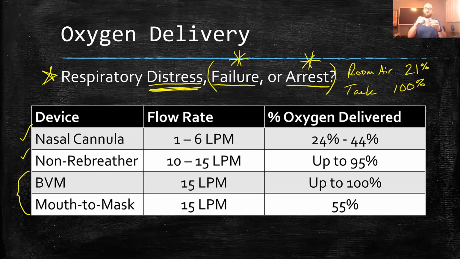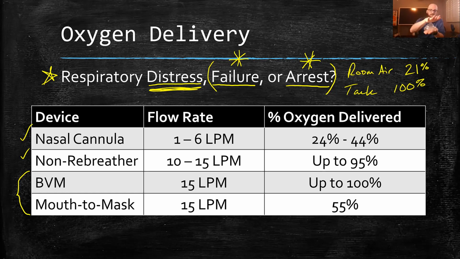So if it has that port for the oxygen, then we're going to hook it up, 15 liters per minute oxygen. And it says we'll get 55% roughly is what they'll get. Well, let's think about that. If we have a good face to mask seal and we're getting 100% oxygen from the oxygen tank, we're going to step back and think about it. Why did that oxygen get diluted down to 55%? It got diluted down by the rest of the air that we're providing.